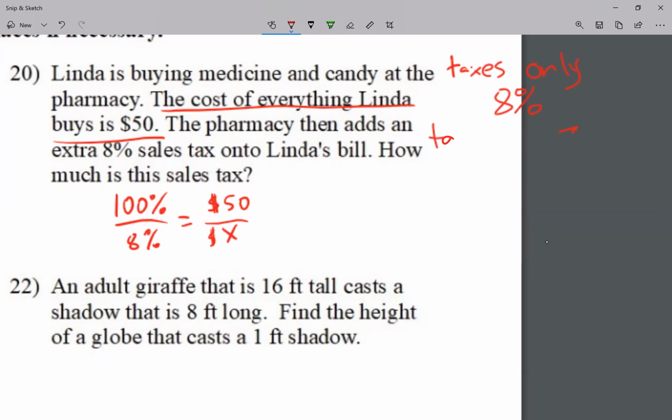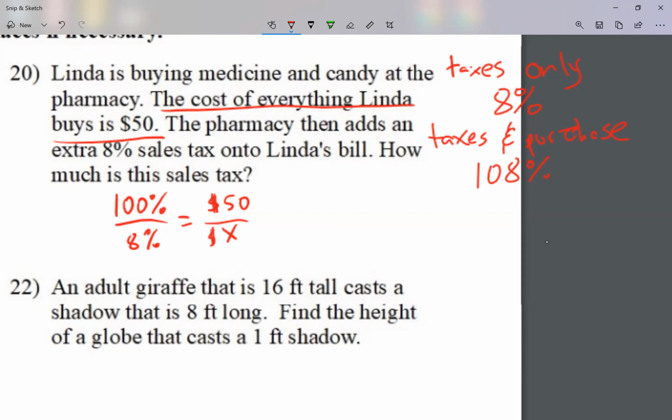If I want to know taxes and the purchase, how much she pays for everything, that will be 108%. The reason I'm saying this is, in case you go to the store, are you interested in how much is just the taxes or how much is everything with taxes included?